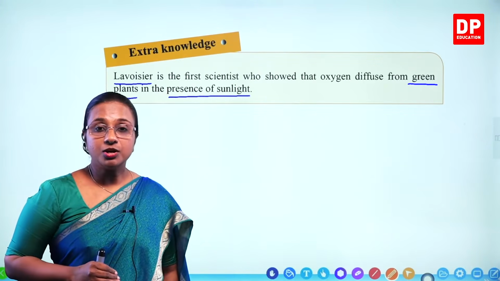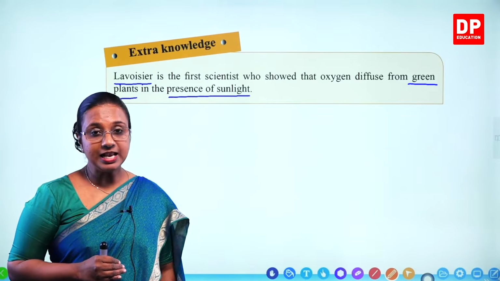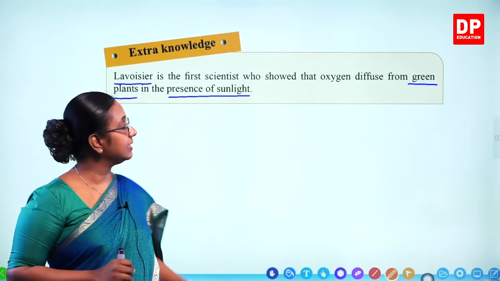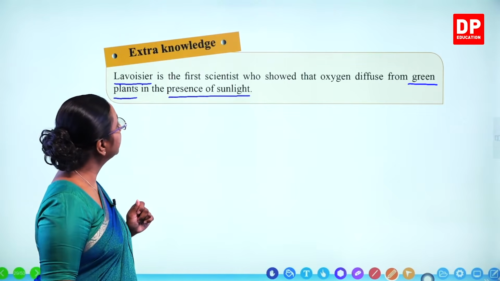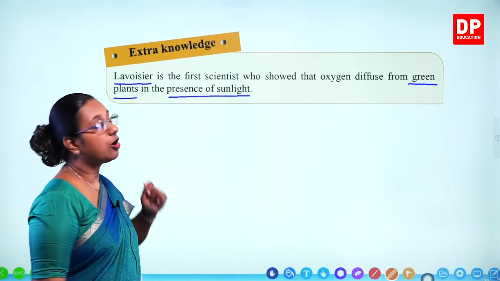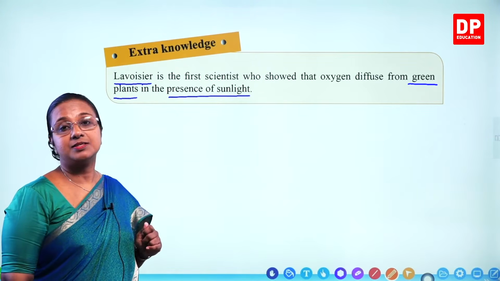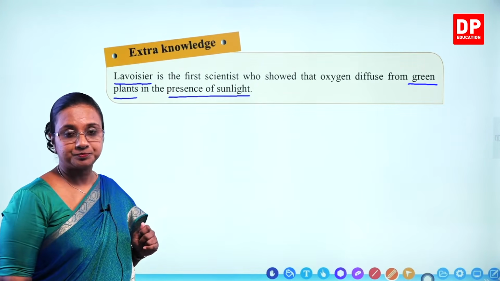We need not go into more detail, but you all have to remember that he is the scientist who first observed that oxygen is evolved by green plants in the presence of sunlight.